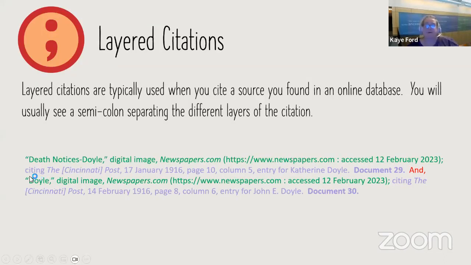And then in the purple, I'm citing the newspaper that was digitized, the date of the newspaper, the page, the column, and then the entry for Catherine Doyle. The "and" in red is the second part of the citation. Instead of having 2 separate footnote source citations, I joined these together in one citation to make it easier for the reader.